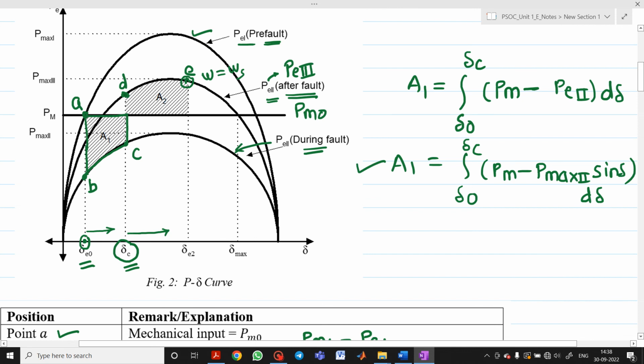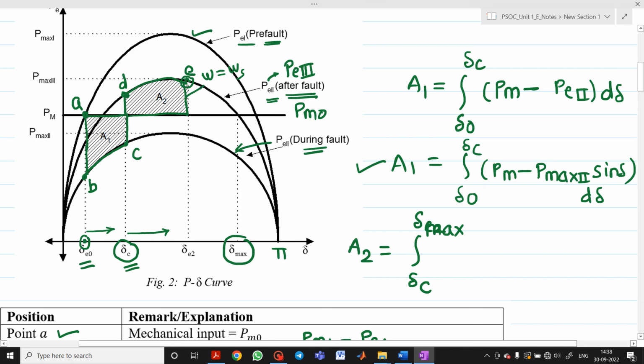Similarly, this portion will be your decelerating area A2. How can you write the equation? A2 will be equal to integration from delta C to delta E2, or if you extend this up to this point, you will get up to delta max, which is pi minus delta E2. So directly I can write the equation up to delta max.